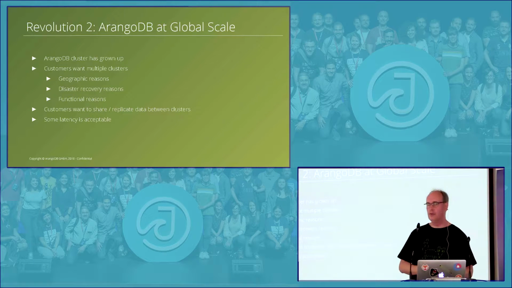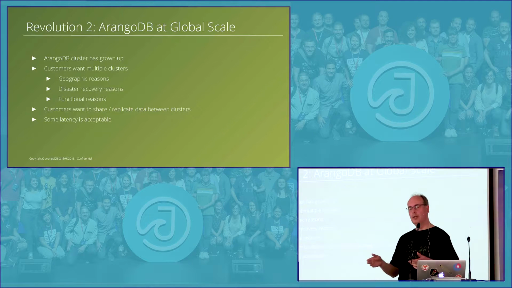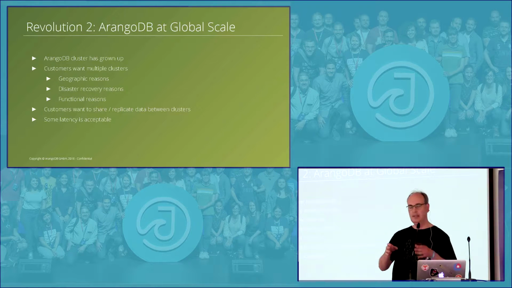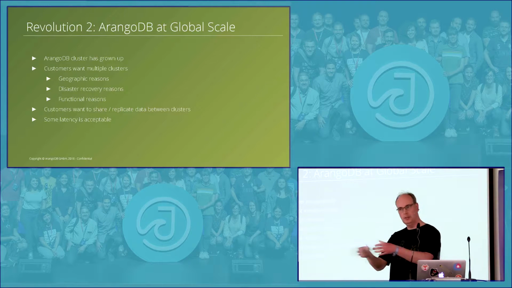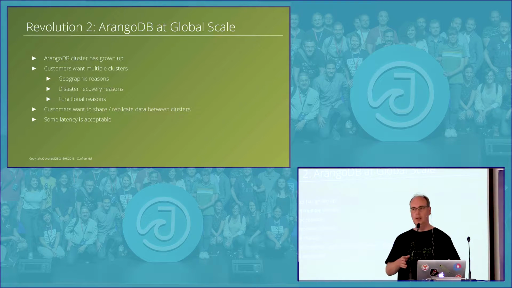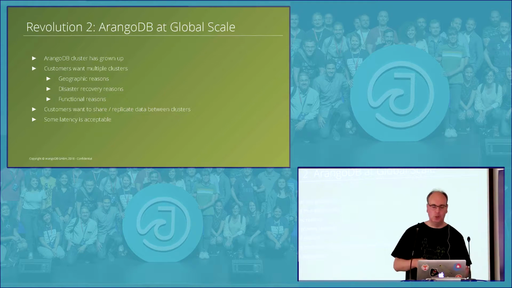And also for functional reasons: I'm running an application, and the application is split up over data centers all over the world, and I need my data for this application part here, and this, etc. So we ended up with, okay, apparently we now have clusters, and the cluster itself isn't good enough anymore. We need to go across the cluster.